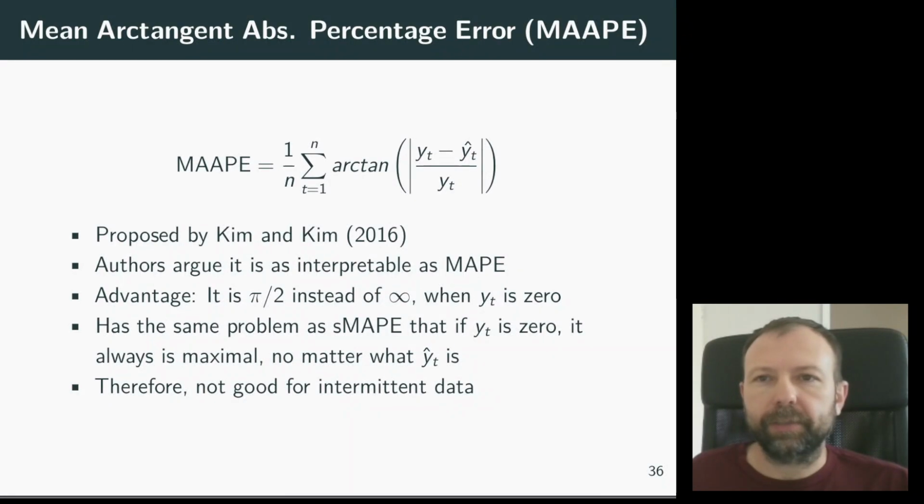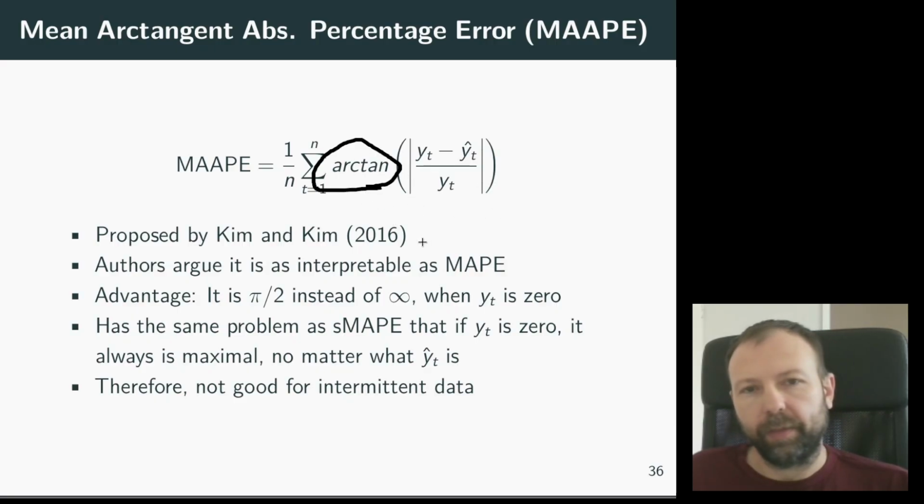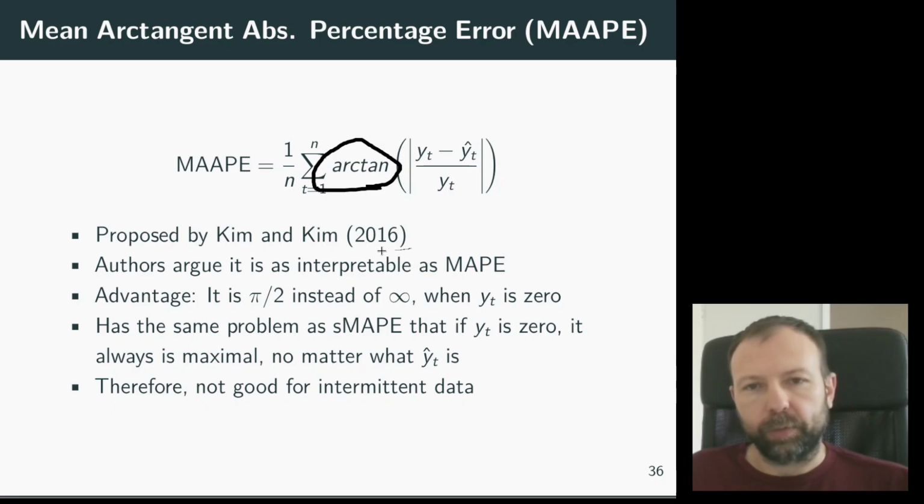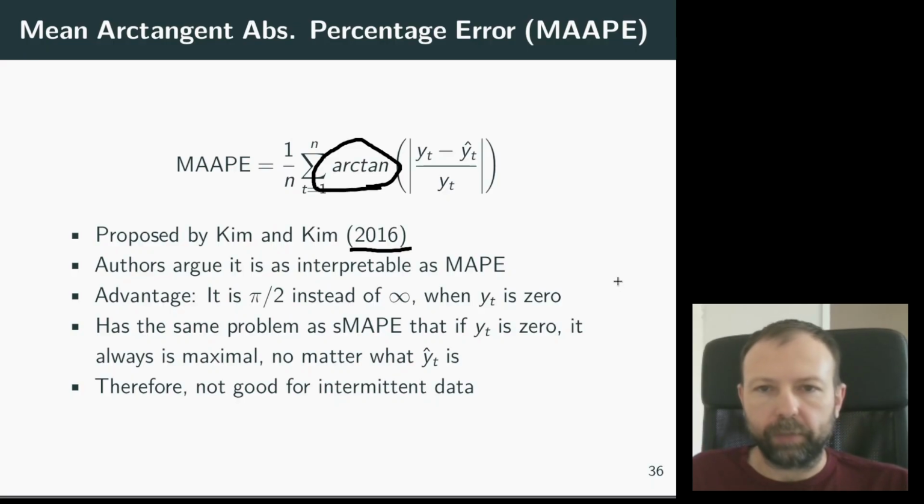Another measure, just as an example of something more recent that people have come up with that I wanted to show you, is the mean arctangent absolute percentage error. The idea here is basically that we have this arctangent in the MAPE, so otherwise it's pretty much a MAPE. That was proposed in 2016, so relatively recently. And here the authors argue that it is more interpretable than the MAPE.